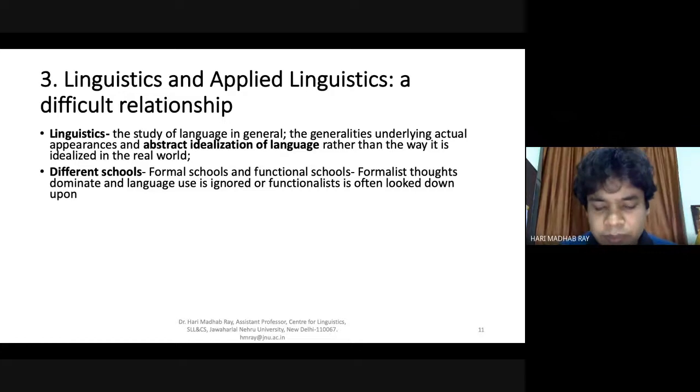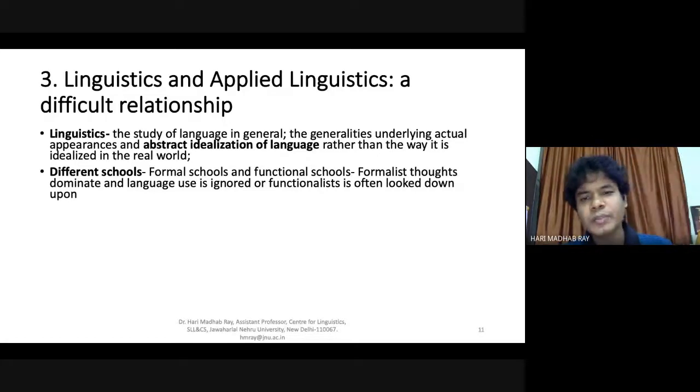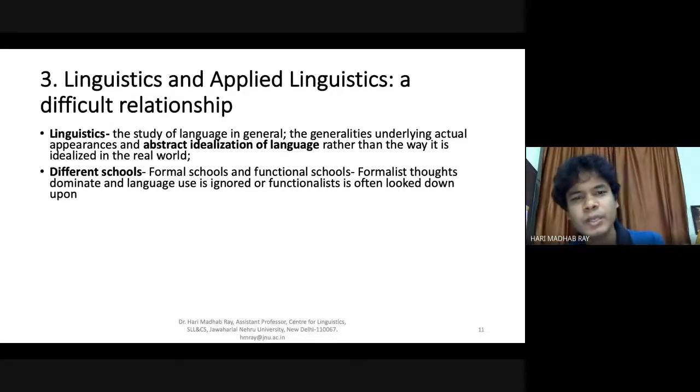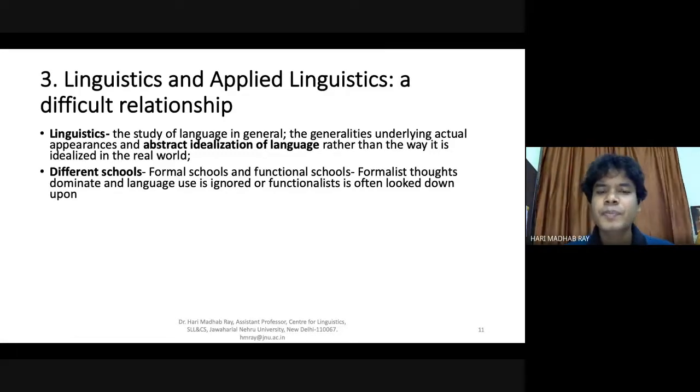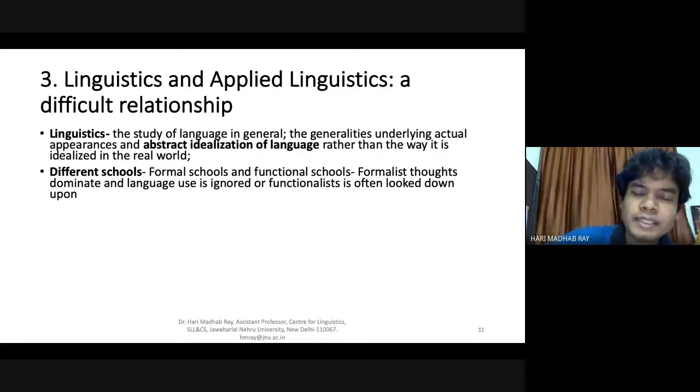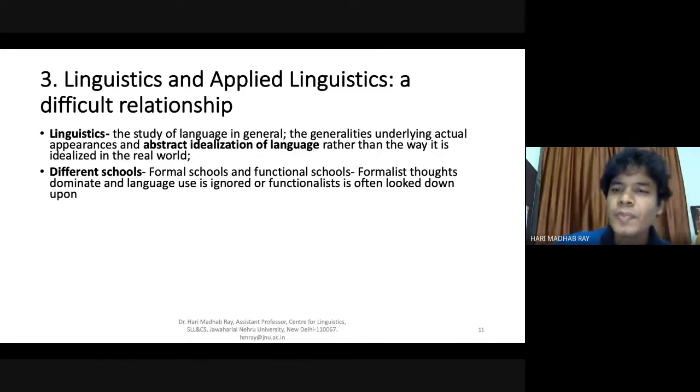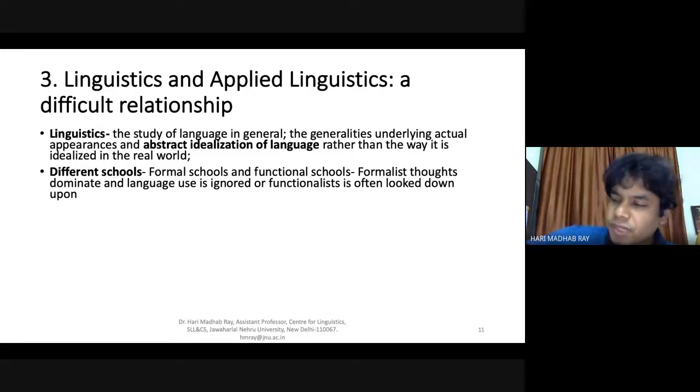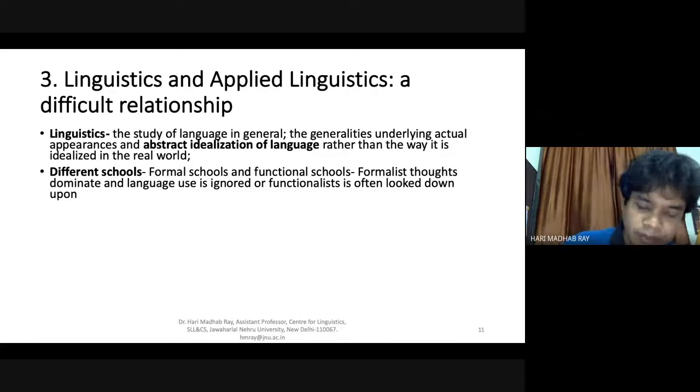And the functional schools, this is really interesting at times, since in the beginning level you may not be aware of that kind of distinction, what is the formalist tradition, what is the functionalist tradition. The whole generative school, which is the formalist tradition, dominated linguistics.